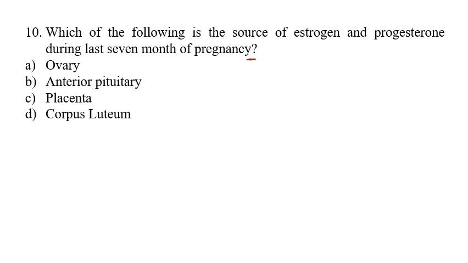But after the first trimester, the placenta forms and it is the main source of estrogen and progesterone during the remaining period of the pregnancy. Okay? So for this question, option C would be correct. So during the first trimester, corpus luteum, and during the last 7 months, it is the placenta.